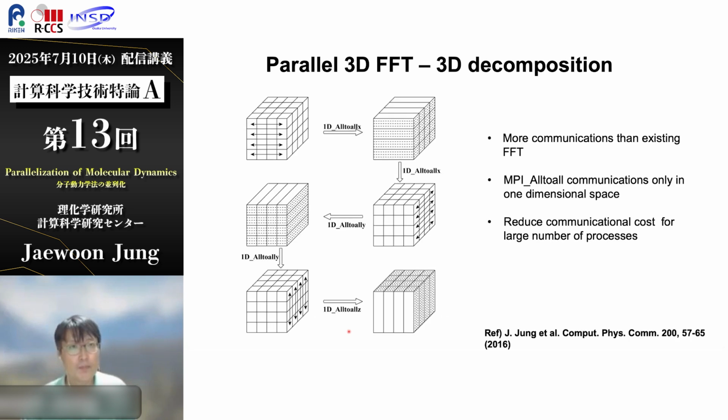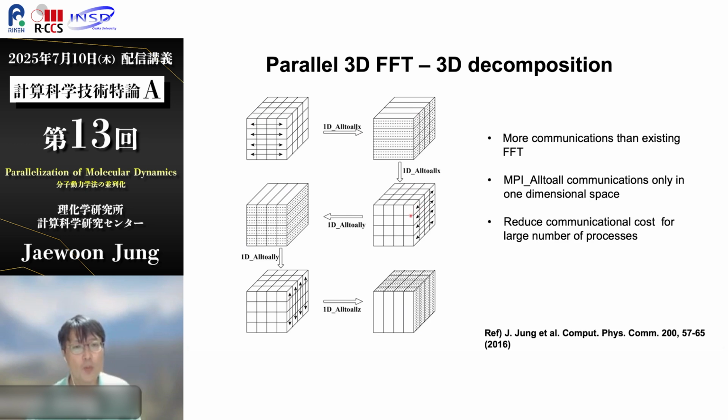And in our group, I also consider 3-dimensional decomposition. In this case, each process has the data of a small cube. And using 1-dimensional MPI among these 4 processes, we can make a shape like this way, and you can perform FFT in this direction. And among these 4 processes, we have an alltoall communication again, and we make a shape like this way.